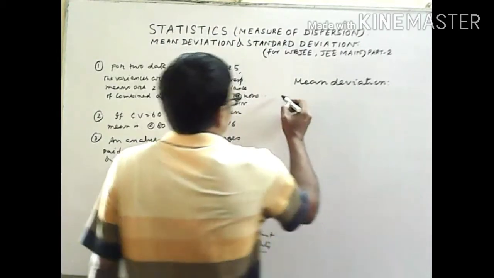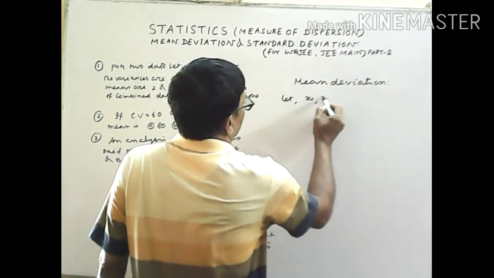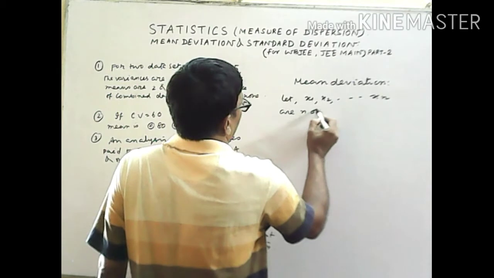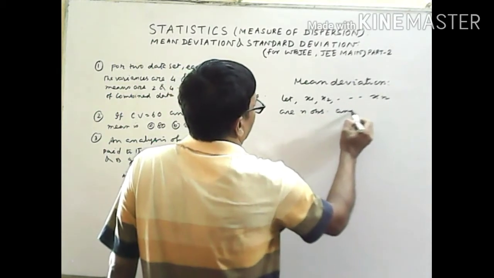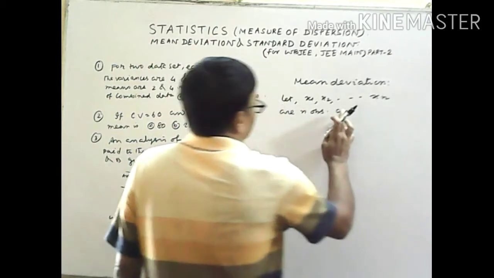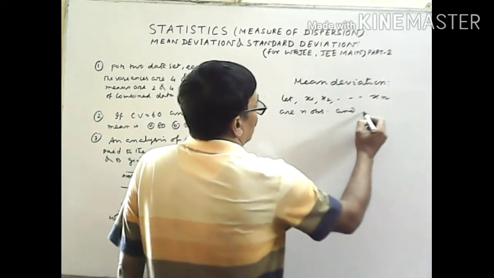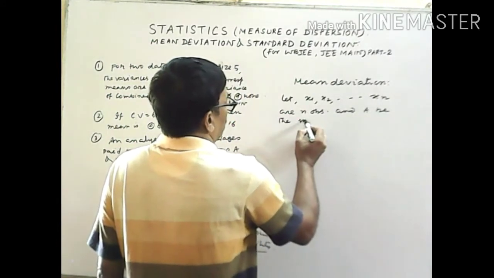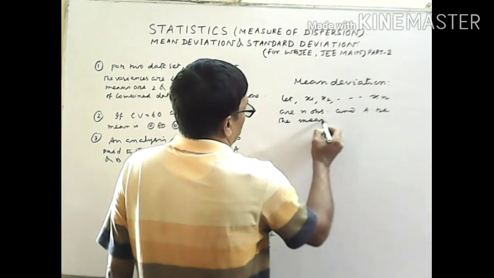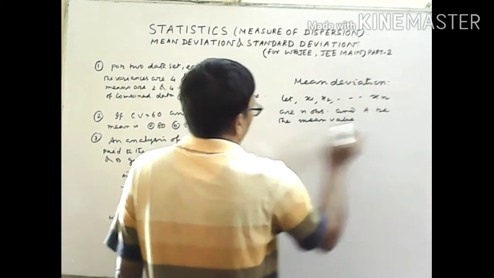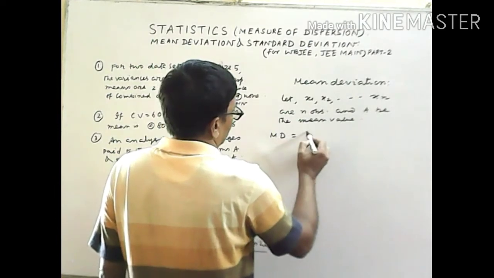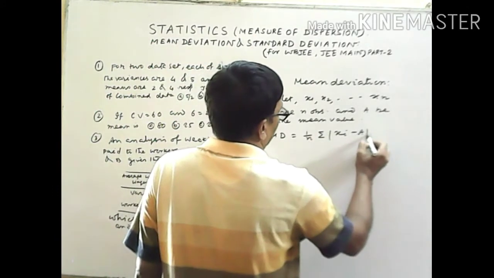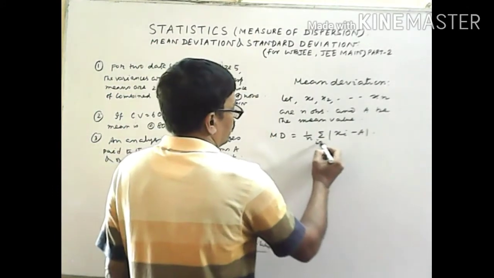So, let x1, x2, ..., xn be n observations, and let A be the mean value. Then mean deviation equals 1 by n summation modulus xi minus A, i equals 1 to n.